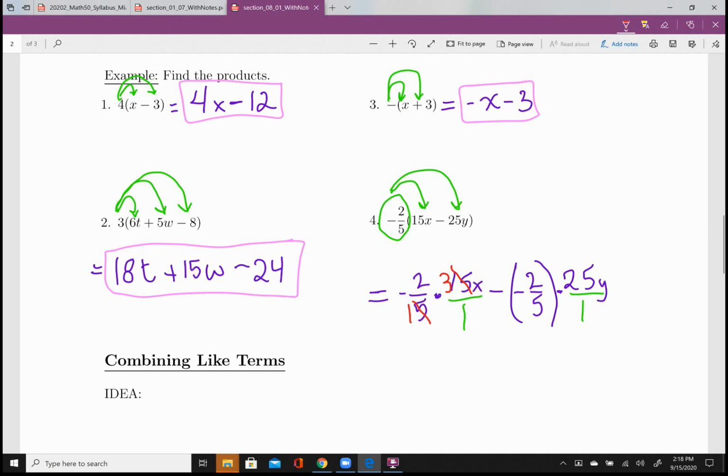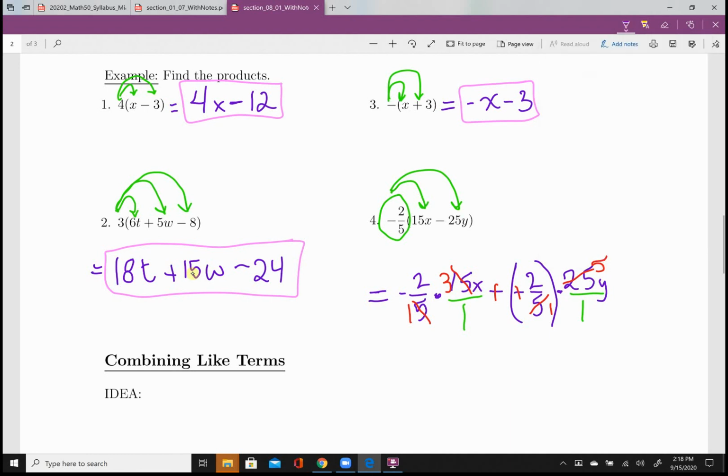Here, addressing the second term, notice that you're subtracting a negative factor, okay? Those cancel out and it's going to turn into addition. And also this 5 in the denominator is going to cancel with this 25 in the numerator. And these are the leftover factors. We still have a 2 and a y, and then of course this 5 left over. So this will end up being plus 10y.